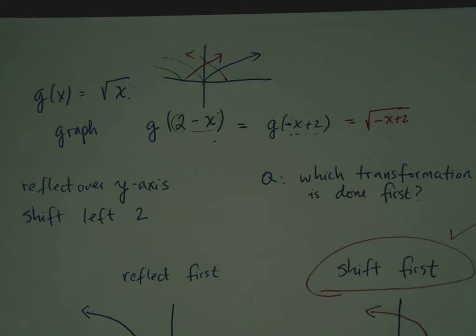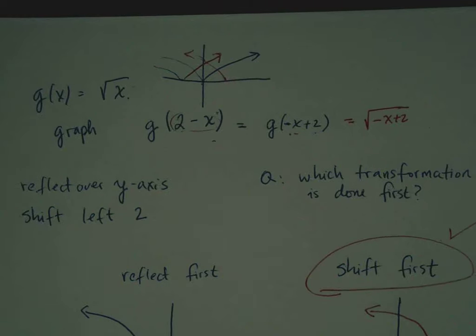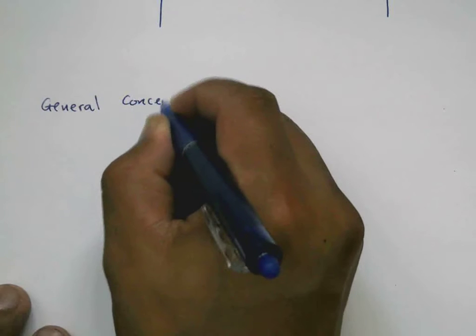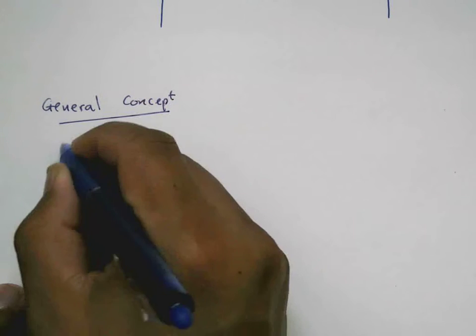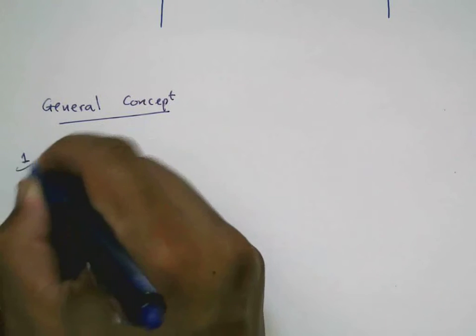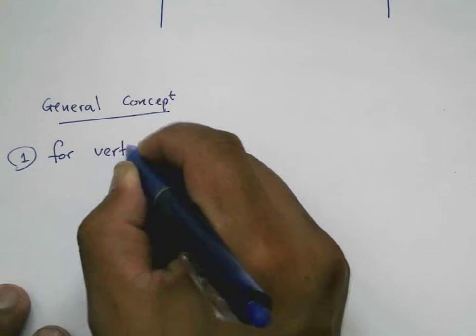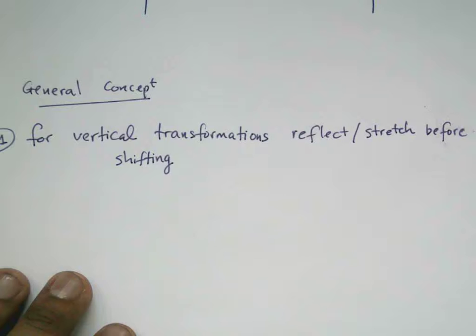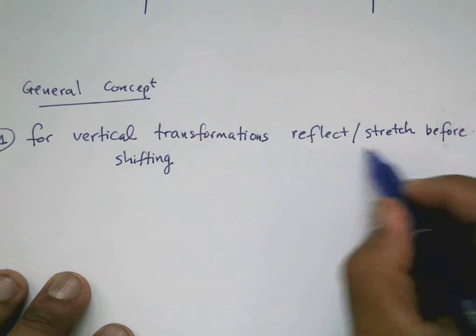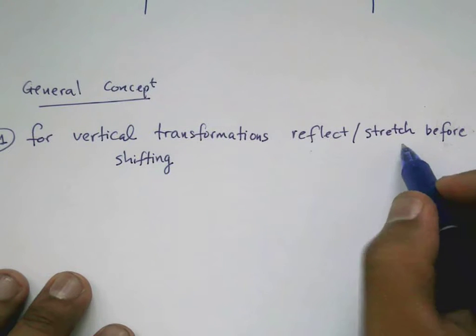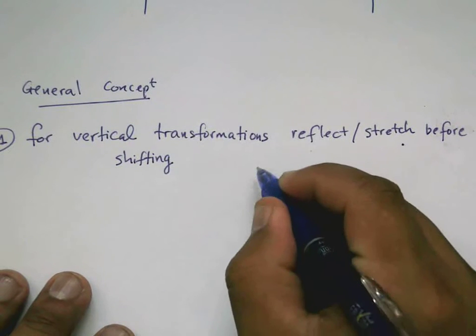So the general concept here is that for the vertical transformations, we want to do reflecting and stretching before shifting. So for example, if you had a function like 3f of x minus 2, this is also a stretch.